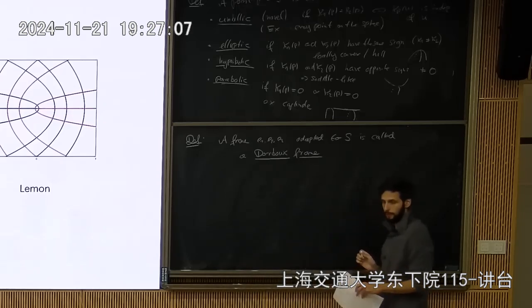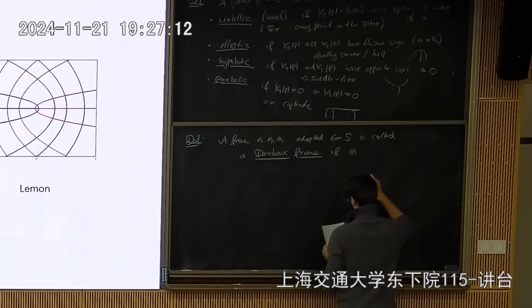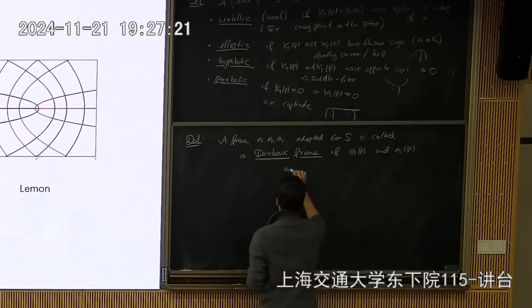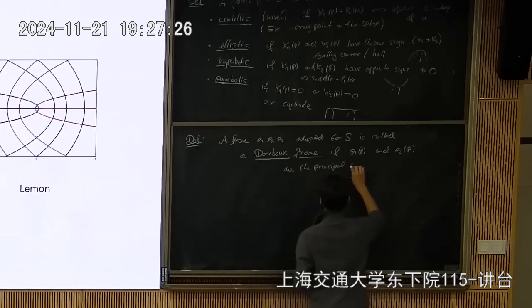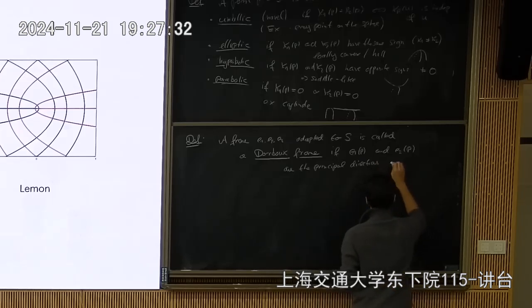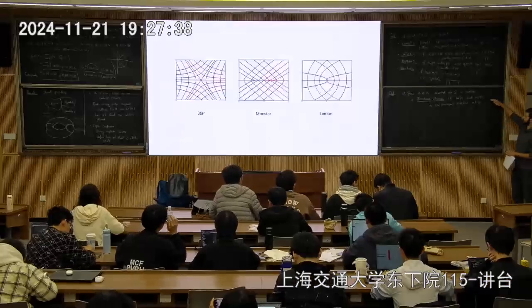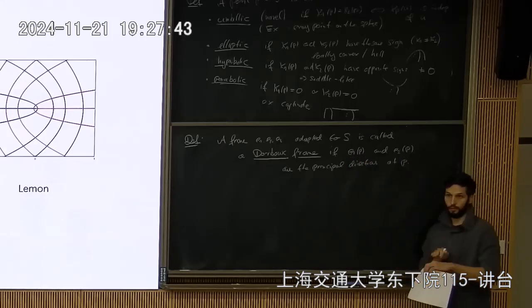So Darboux was a French mathematician. If E1 of P and E2 of P are the principal directions at P. So a Darboux frame is a special frame which says that E1 and E2 are the eigenvectors of the shape operator.